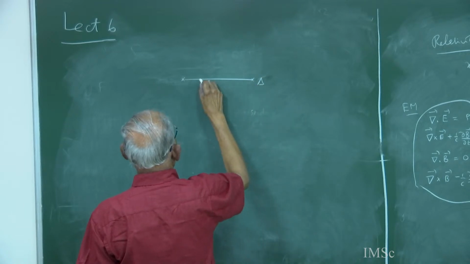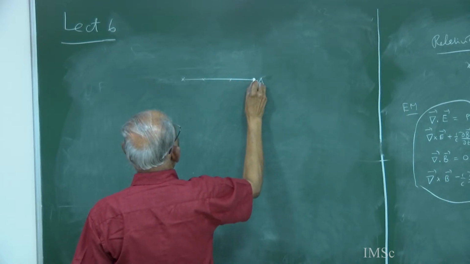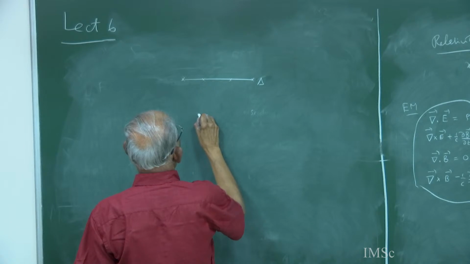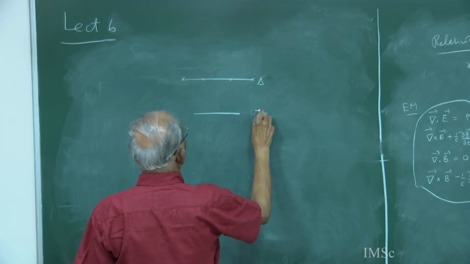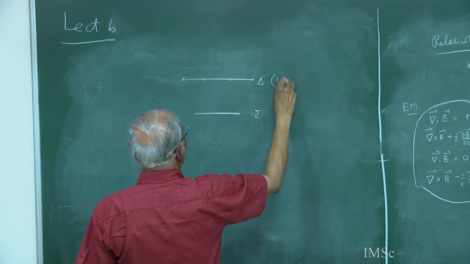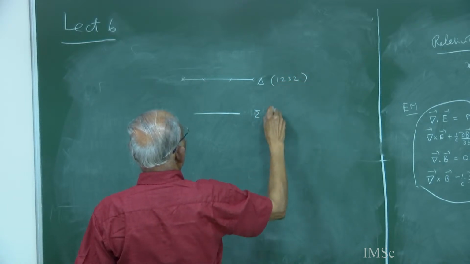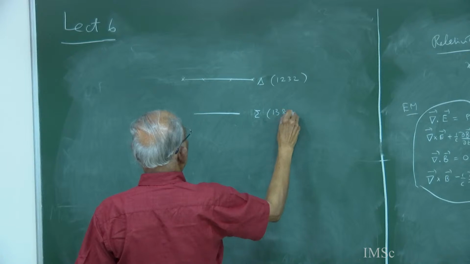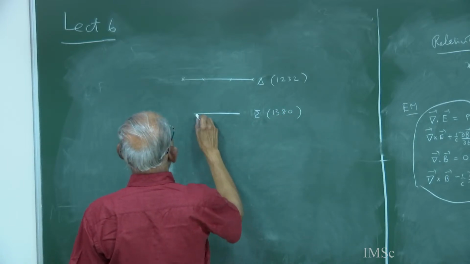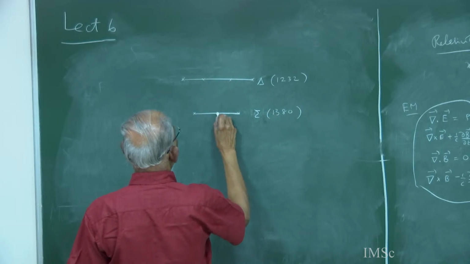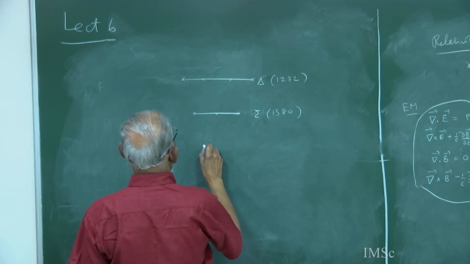Four delta particles, delta mass 1232, and this is 1380, and a cascade.